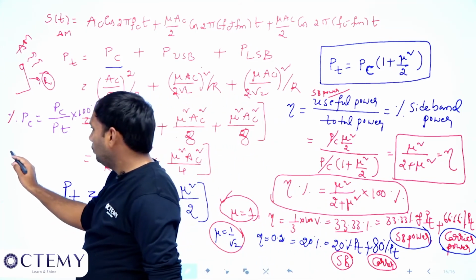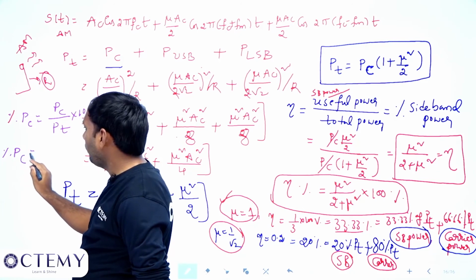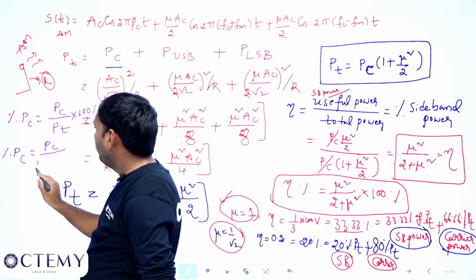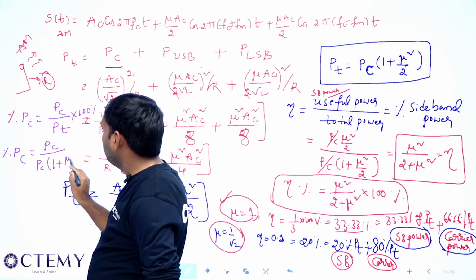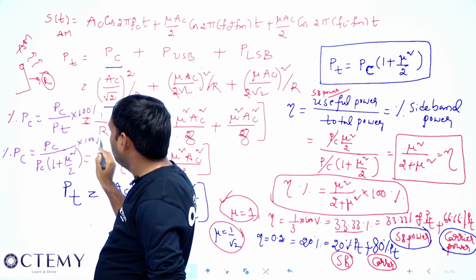So percentage of PC is equal to PC divided by PC into (1 plus mu square by 2), whole into 100%.